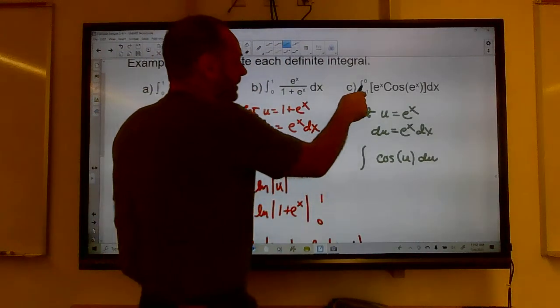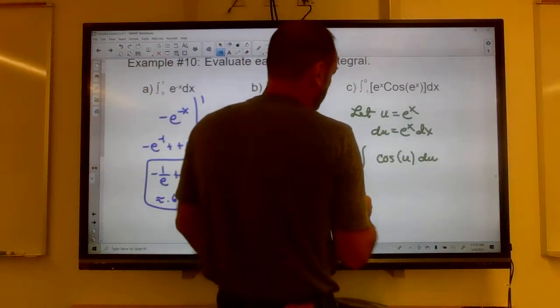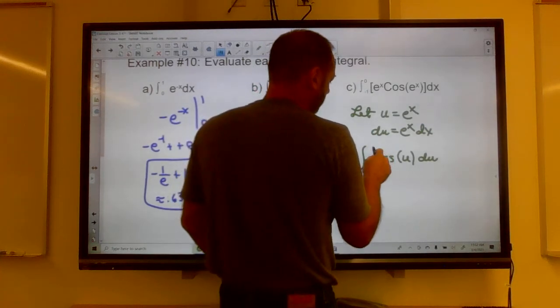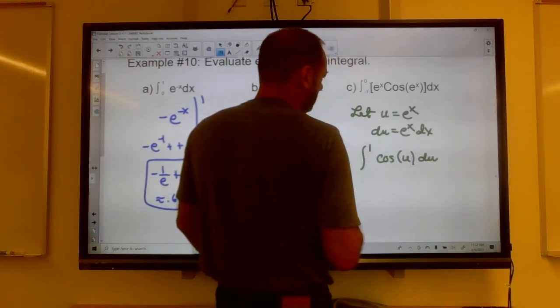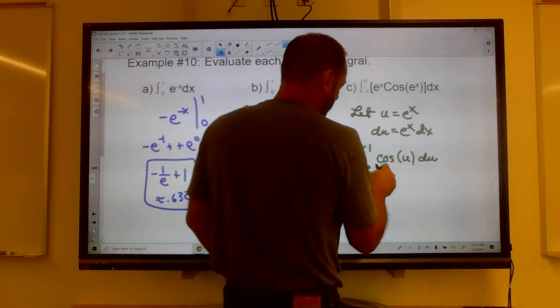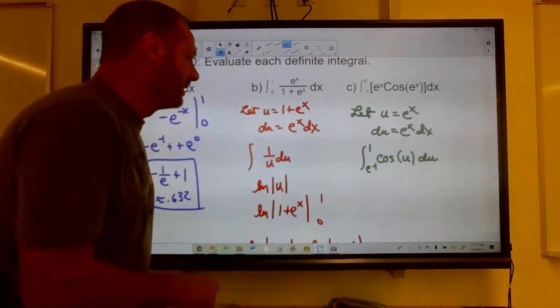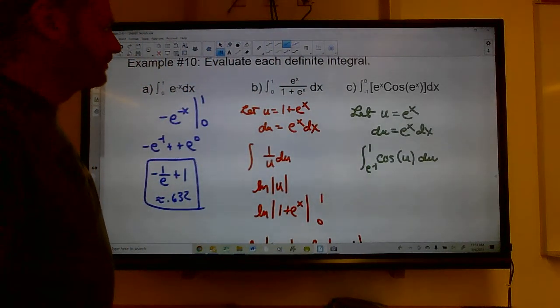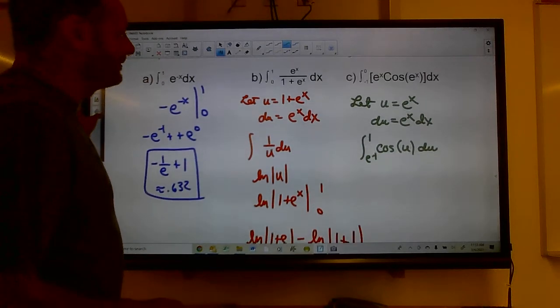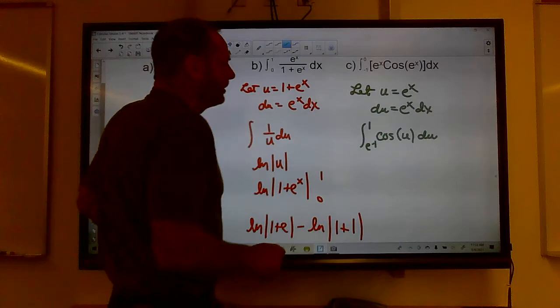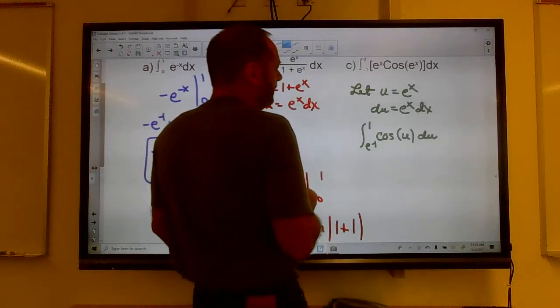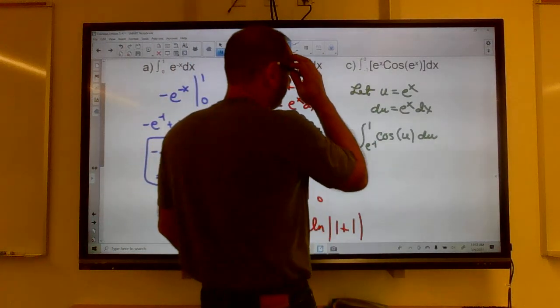Now I could plug these numbers into here and get, e to the 0 would be 1, and e to the negative 1 down here. But I think what I'm going to do is wait and substitute that back in. So the integral of cosine is sine.